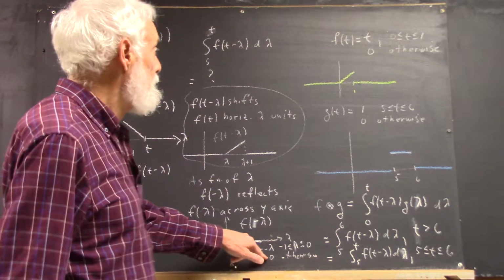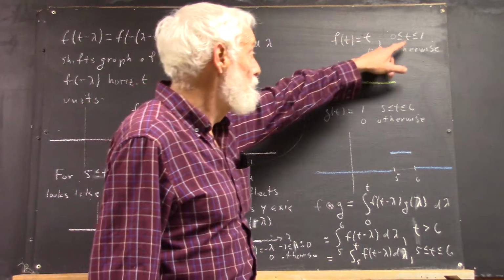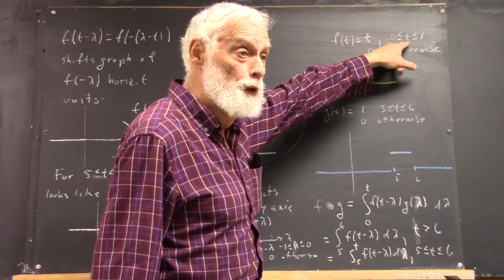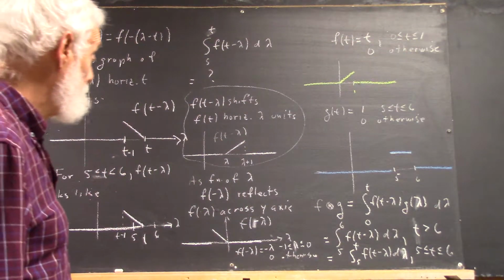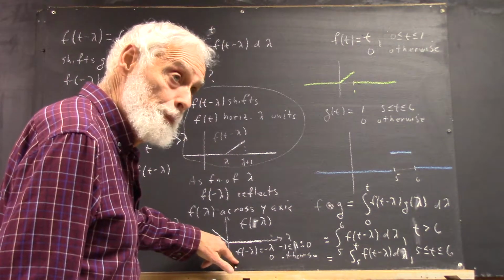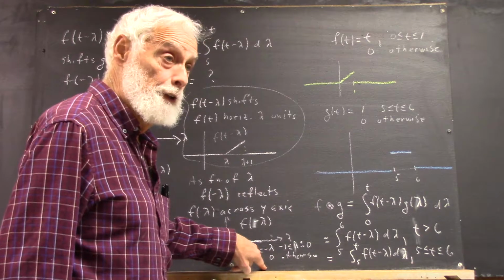And we get that just by replacing t with negative lambda. So if negative lambda is between 0 and 1, lambda is between negative 1 and 0. Okay? So we could write this out. Might or might not be useful, but we want to have the ability to write this function out.